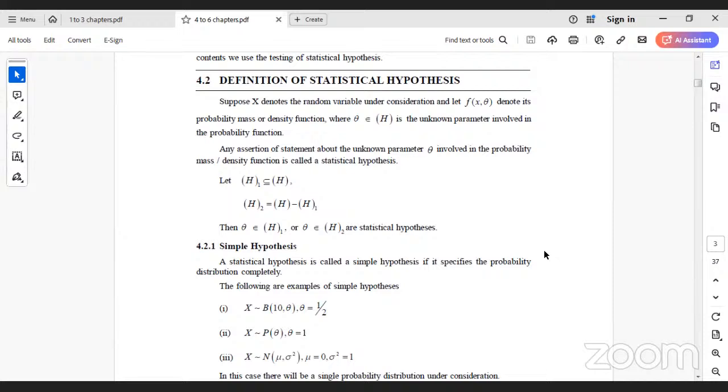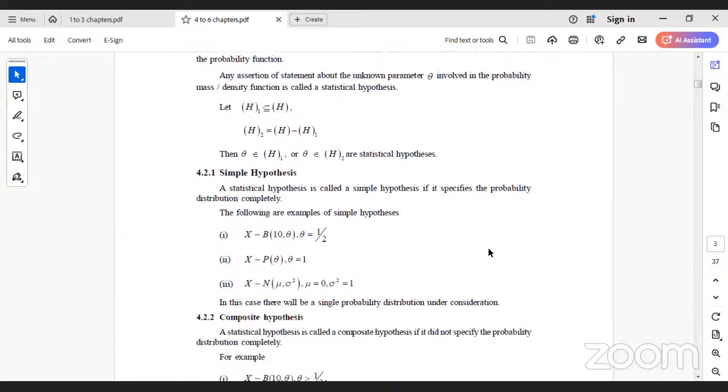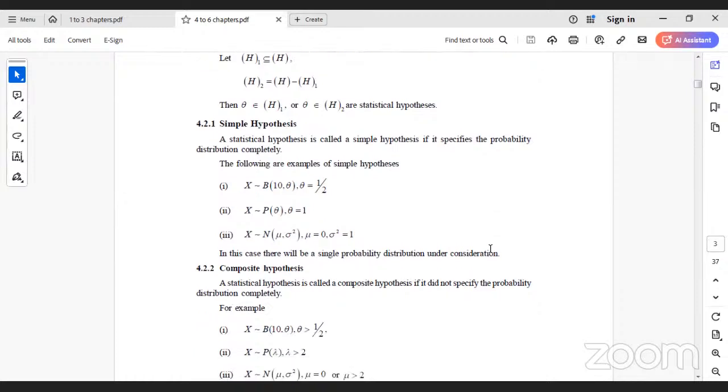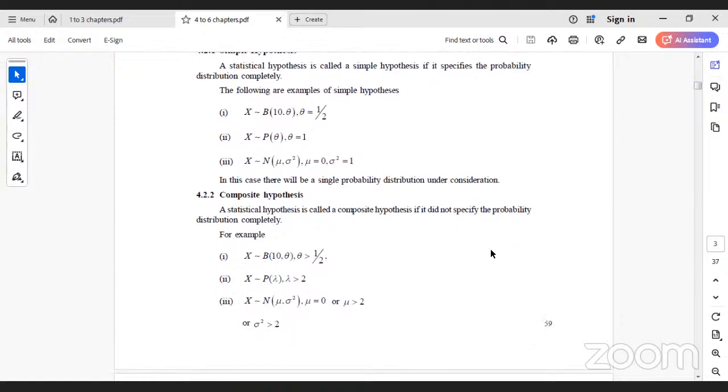The following are examples of simple hypotheses: X follows binomial with n equal to 10 and theta equal to 1 by 2; X follows Poisson with a given lambda; X follows normal with mu equal to 0 and sigma square equal to 1. In all these cases, there will be a single probability distribution under consideration.